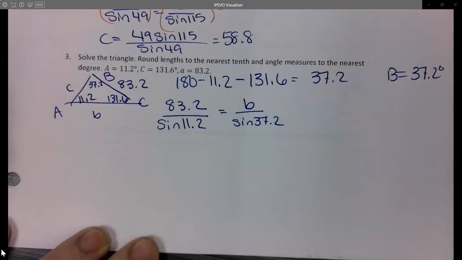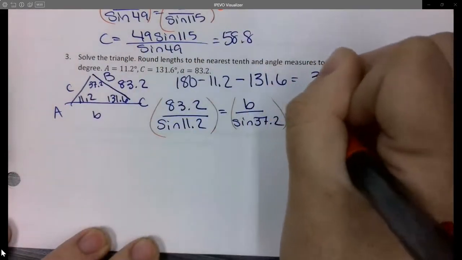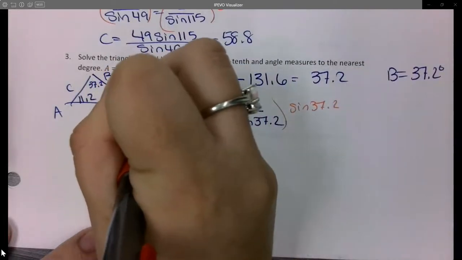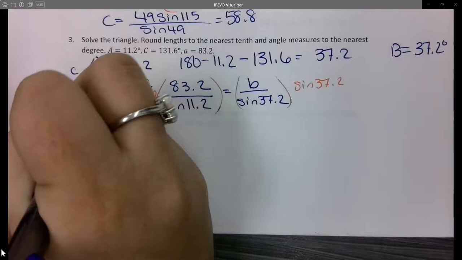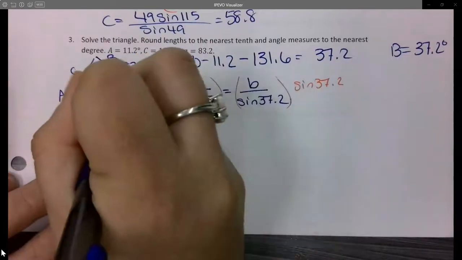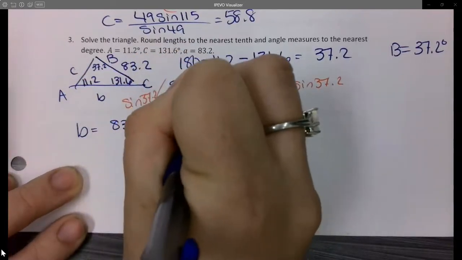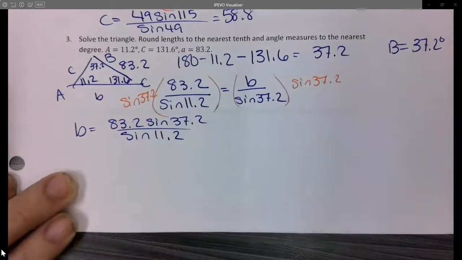Then I want to isolate B, so I'm going to multiply both sides by sine of 37.2. If I rewrite this, this will get me B equals 83.2 sine 37.2 over sine 11.2.